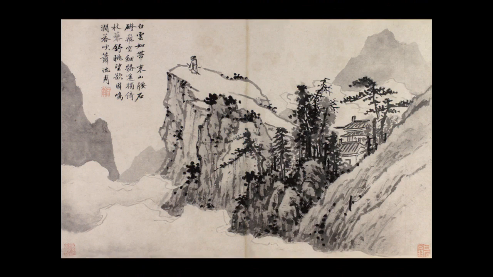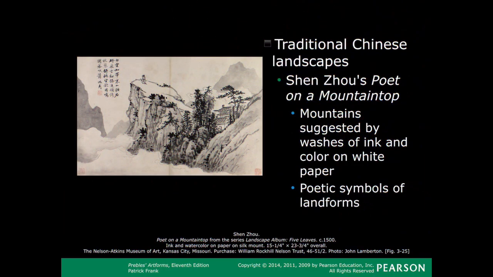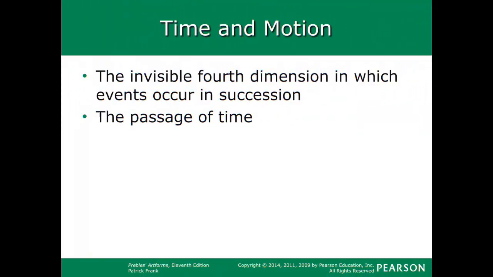Despite the artist just using ink, just using blacks and whites, the artist still finds a way to fade the objects that are further into the distance, making the space more believable. And this piece is by Shen Zhou, Poet on a Mountaintop, from the series Landscape album 5 Leaves, 1500.